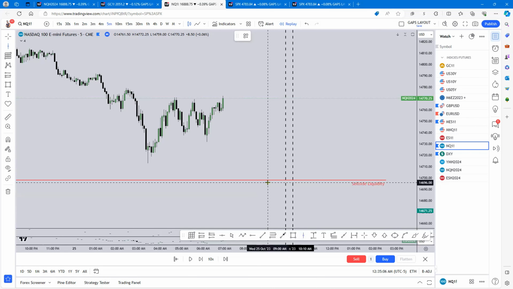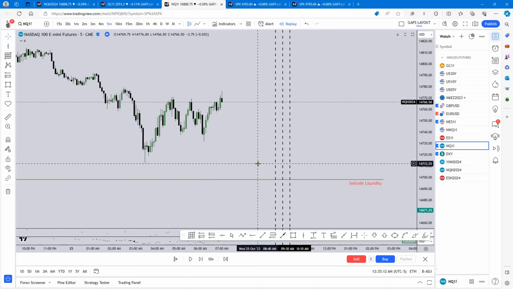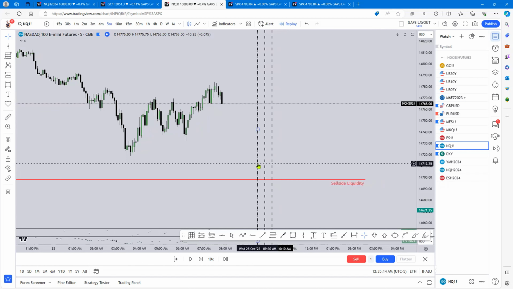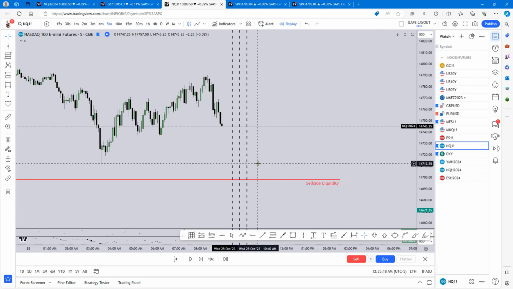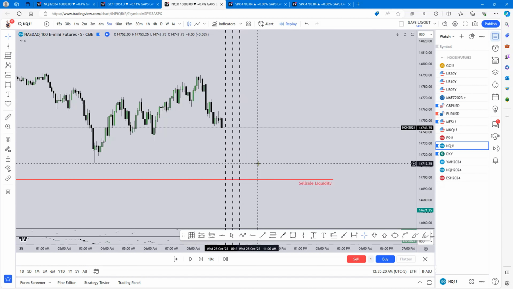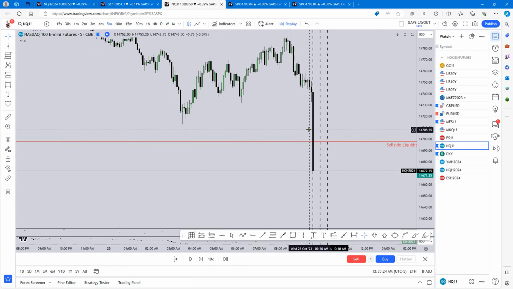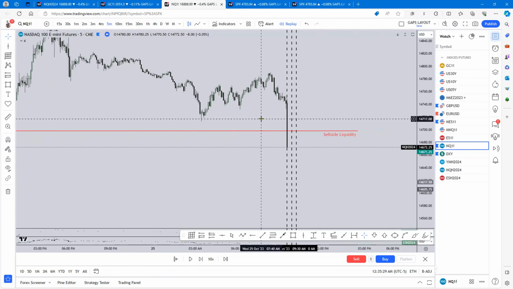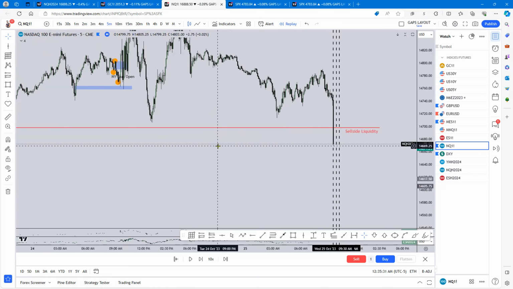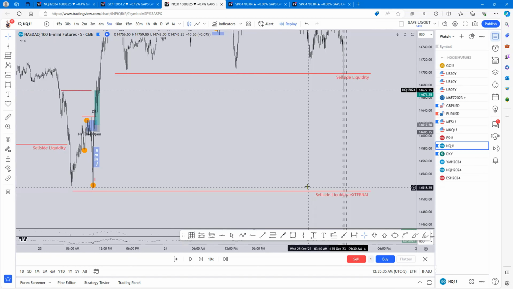And then we're going to wait for 930 open, which is right there. Price forward. So sell side taken. So now we can wait for some sort of retracement because we're still hunting for this sell side down here.